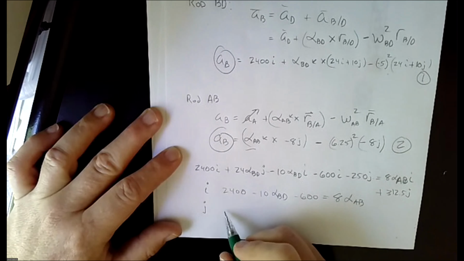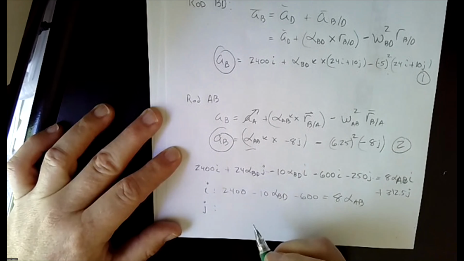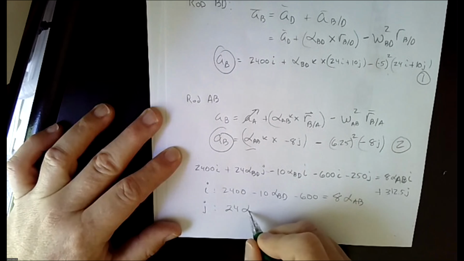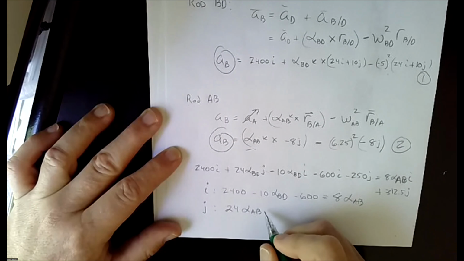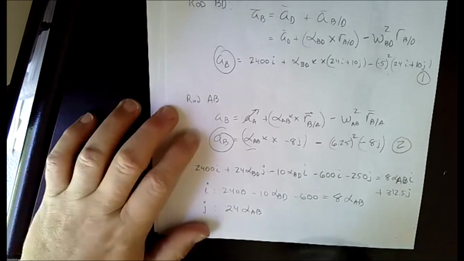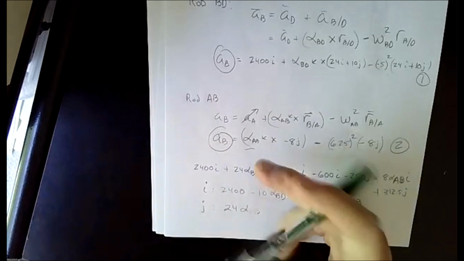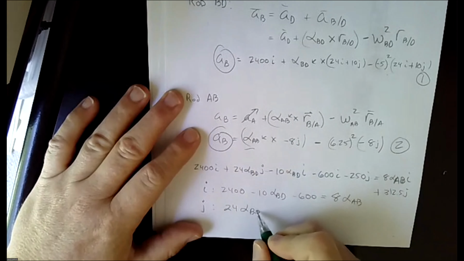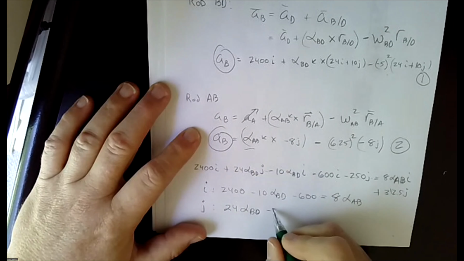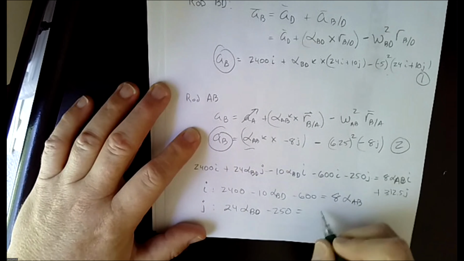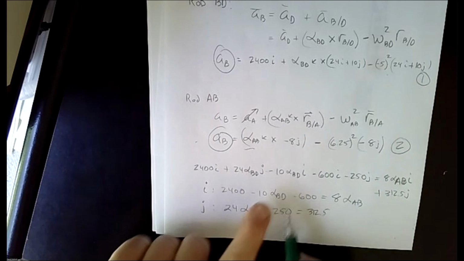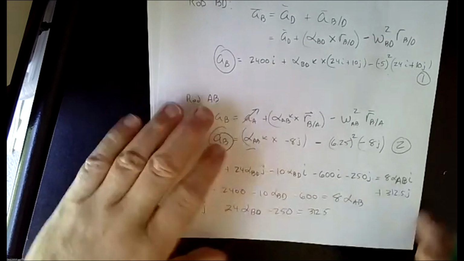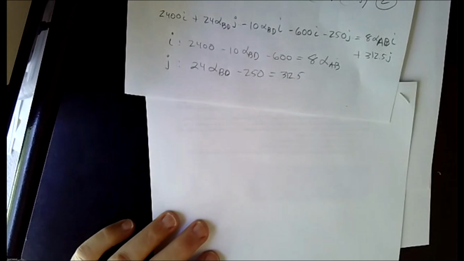And then if we take our J components, we have 24 alpha BD, sorry, not AB, BD, and then minus 250 equals 312.5. So we can see that we'll solve that directly, plug that in, and get that. All right. So that's kind of the end once you've gotten to that point.